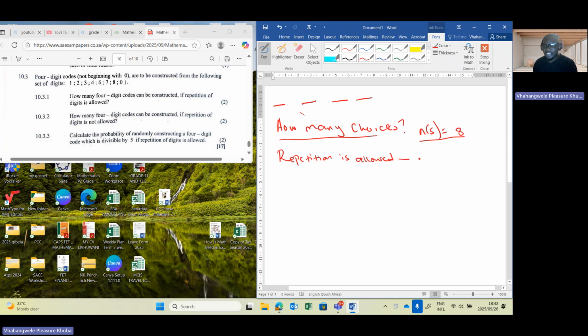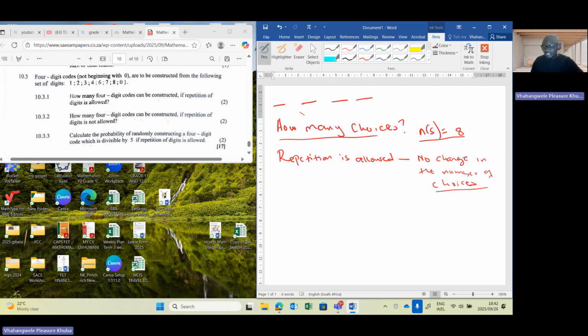We know that there is no change in the number of choices. Whenever they say to you repetition is allowed, you know that the number of choices that you have are not going to change. They will remain being 8.